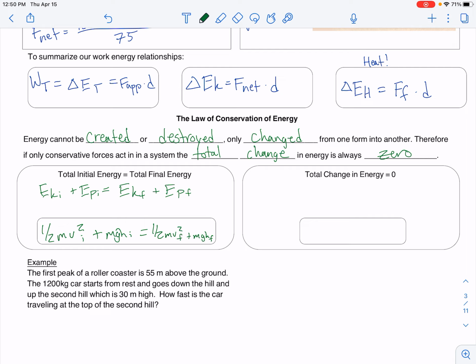Now we know our total change in energy is 0, so our change in kinetic energy plus our change in potential energy equals 0, which means our change in kinetic energy is equal to the negative of our change in potential energy.